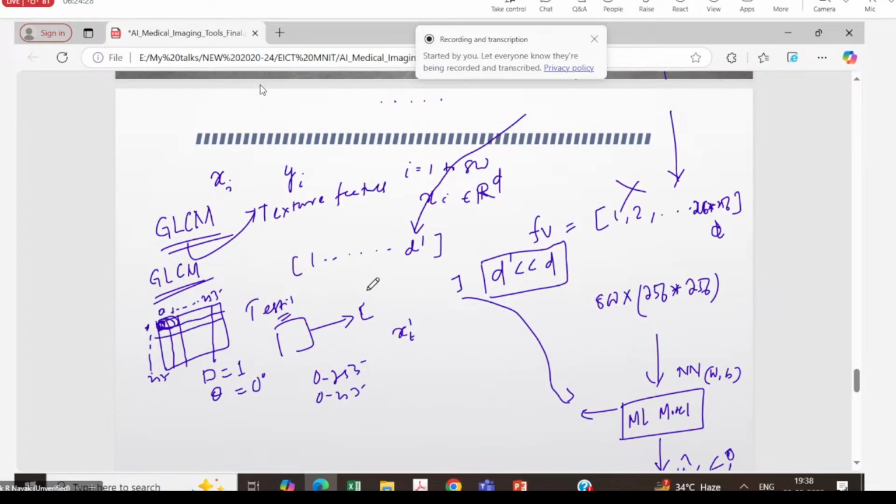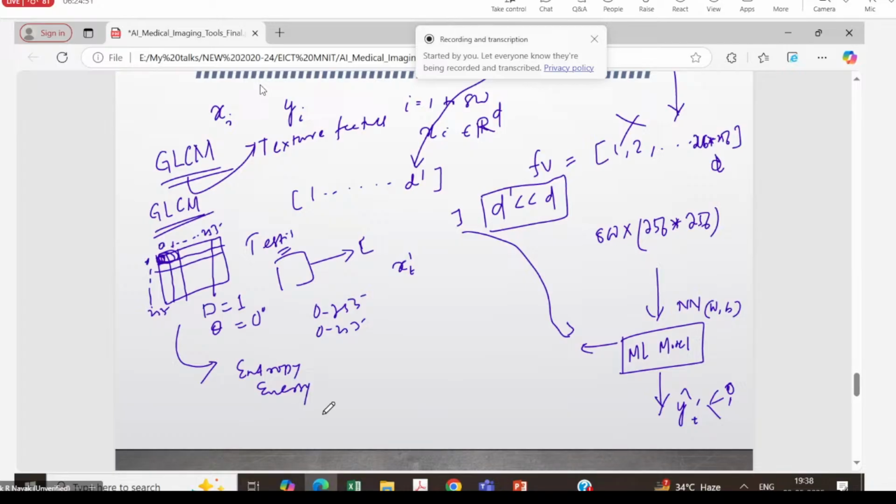Professor Haralick proposed that there are 14 types of texture features which we can compute from the GLCM matrix, and which can be considered as texture features. Some examples are entropy, energy, contrast, homogeneity, and there are a lot of others. 14 features you can extract.